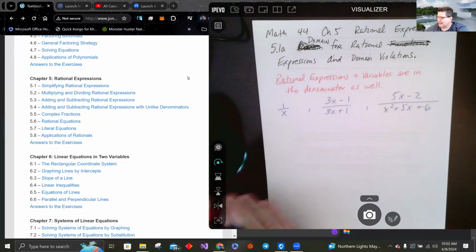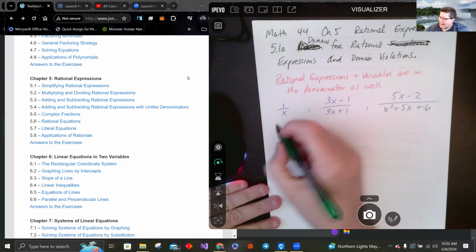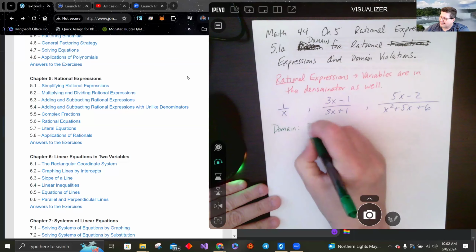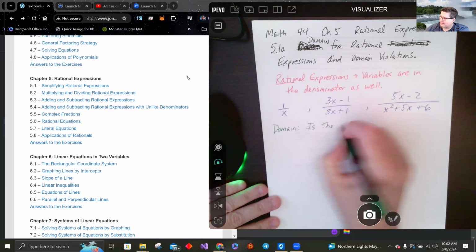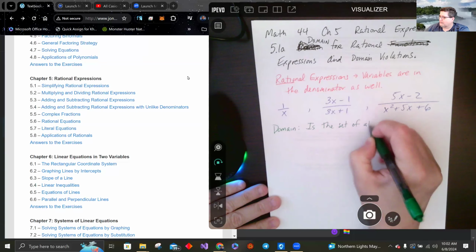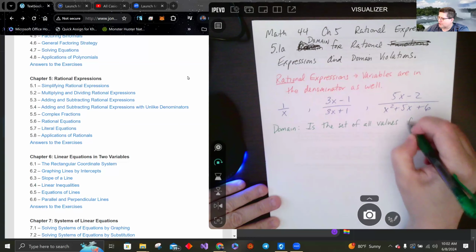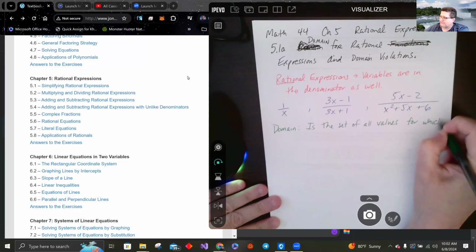So when we say domain, the domain is the set of all values for which the expression is defined.